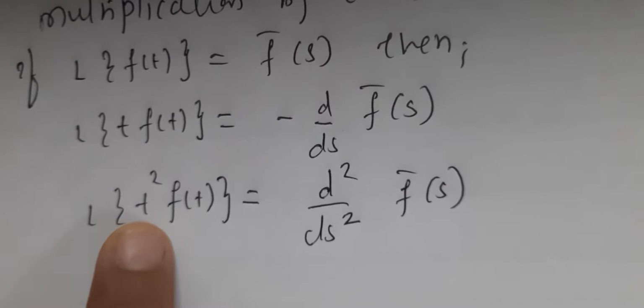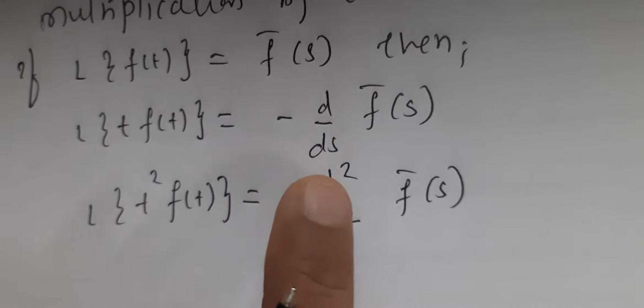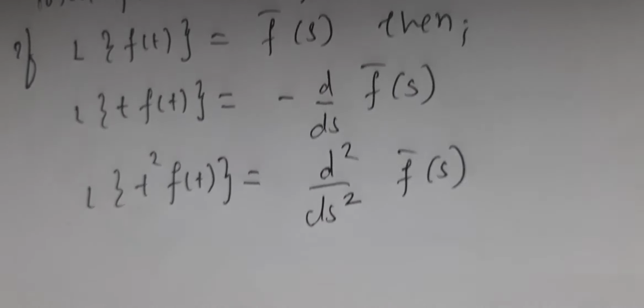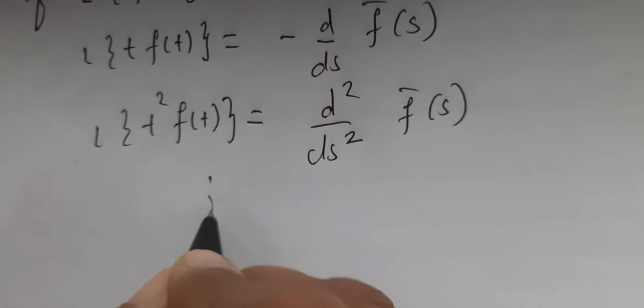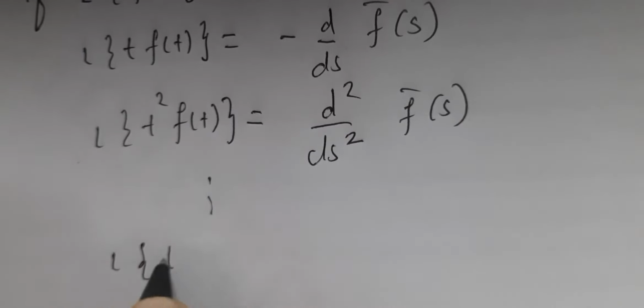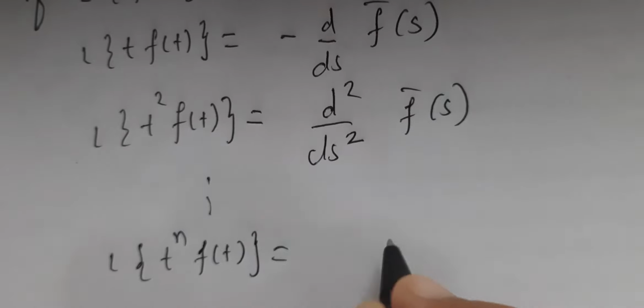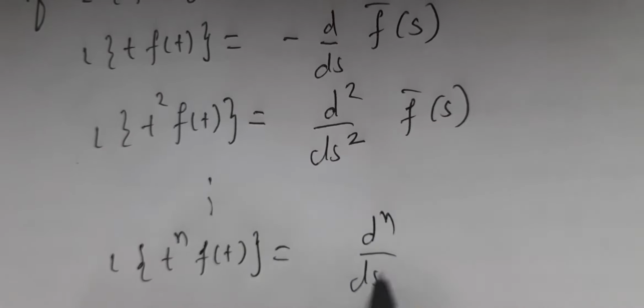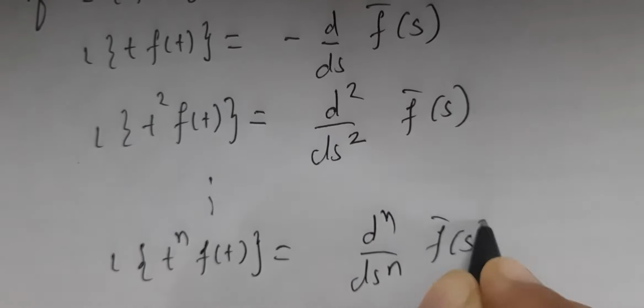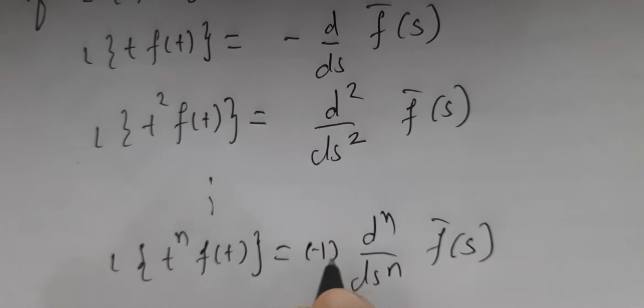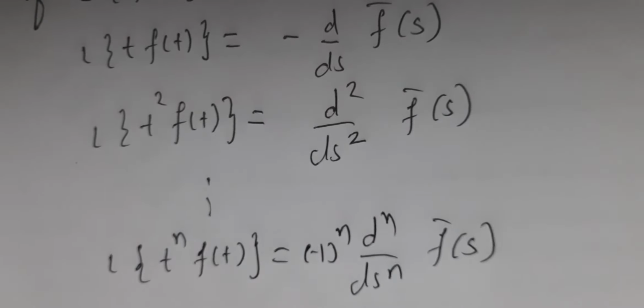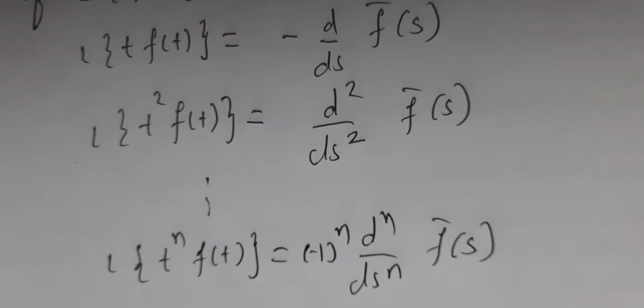L of t cube will be, with minus sign, the third derivative of f bar s. In general, we will have L of t raised to n into f(t) is the nth derivative of f bar s, and its sign will be minus 1 raised to n. Let's understand what it is.